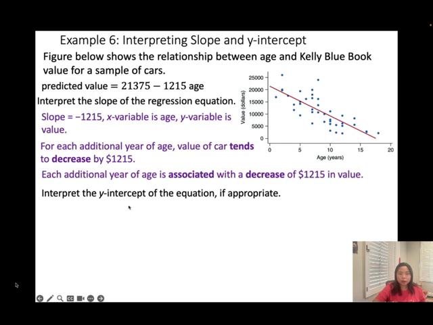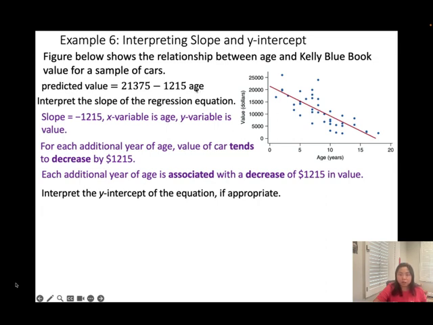Okay, interpret the y-intercept of the equation if appropriate. When x is equal to 0, that means the age of the car is 0. Then the value is going to be 21,375. Does it make sense to you guys? Yes, right? Because when the age of the car is 0, that means it's a new car.